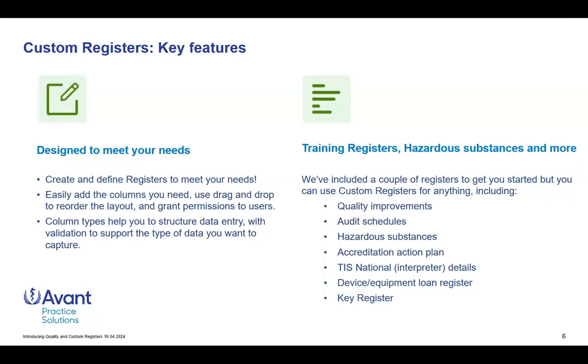You can choose who can see and do what within custom registers, and we're granting permissions on a per register basis. What that means is if you've got 5 registers and 5 different groups of people that you want to be able to access, edit, and or manage, you can grant permissions on a per register basis rather than here's custom registers and everyone can access everything that's in there. You can do it for each register as required.